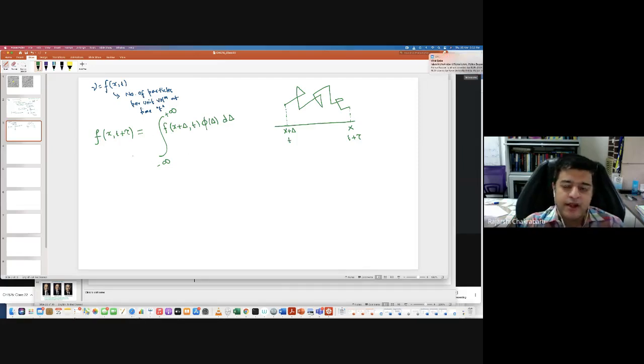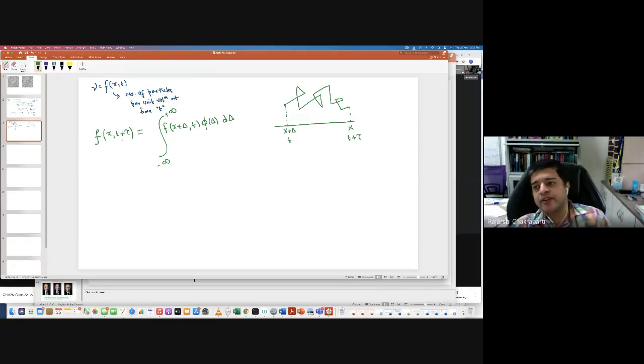But on your left, you have something which is independent of delta. So I have to integrate over all delta. This quantity has nothing to do with delta. It is a function of position x and time t plus tau, but it is not a function of delta. So this is how it should be. Okay, so we'll write it down like this. This is very important that you get it.